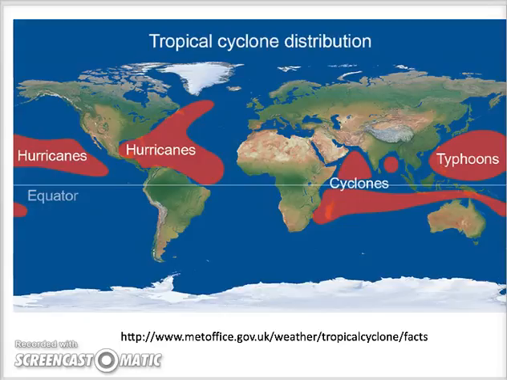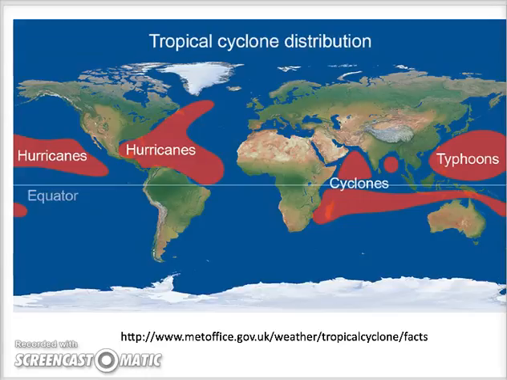A Category 1 hurricane on the Saffir-Simpson scale has sustained winds of 34 to 43 meters per second, and a Category 5 hurricane has winds greater than 69 meters per second.